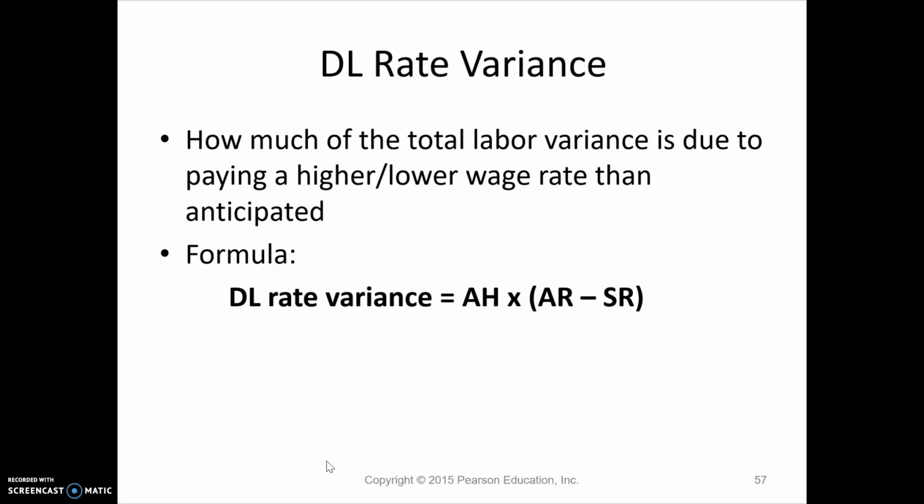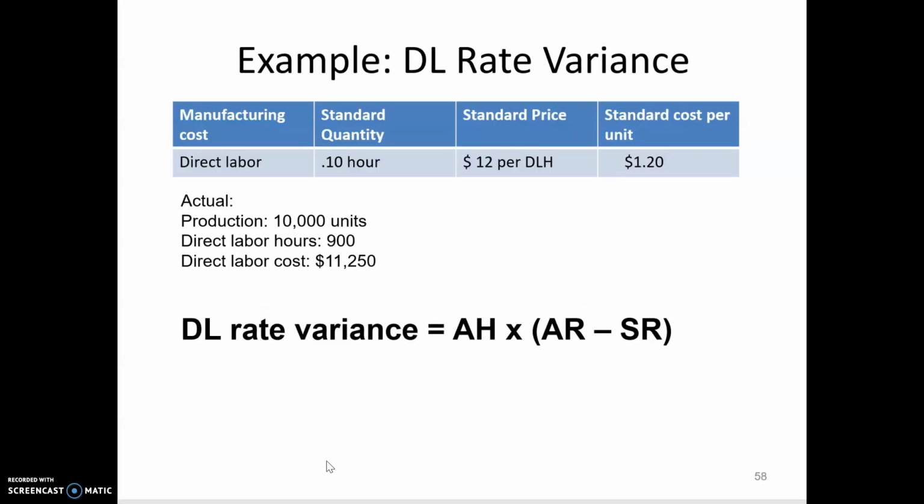We calculate that by taking the actual hours and multiplying that by the difference between the actual rate and the standard rate. So in our example here, we're told the actual hours is 900.